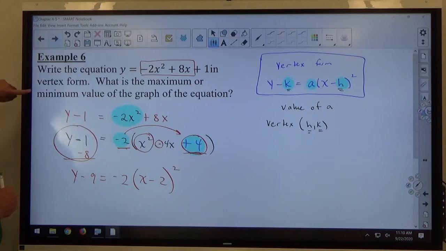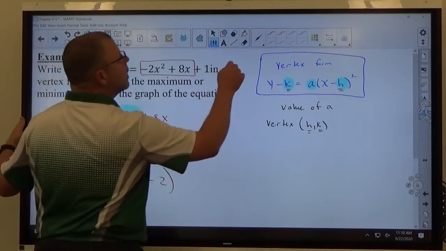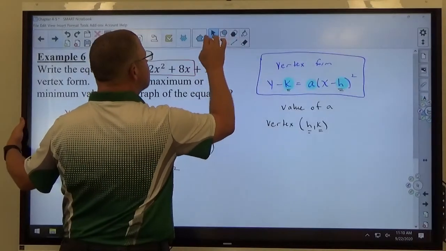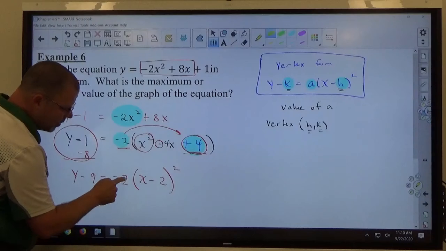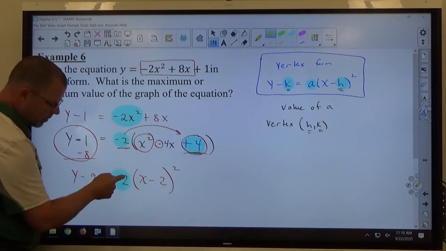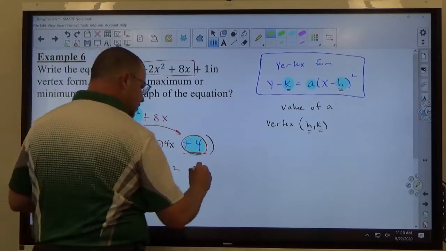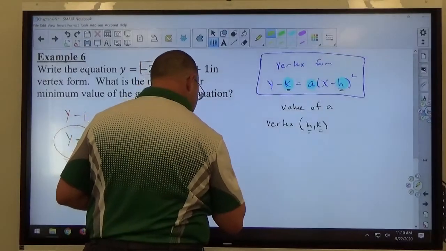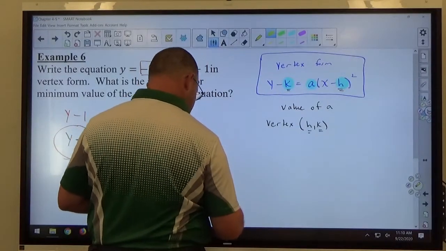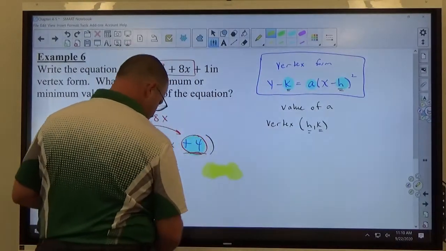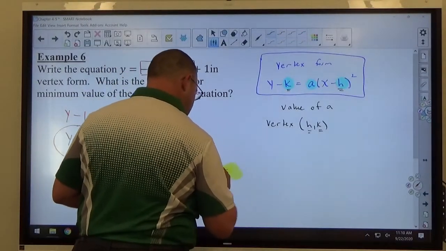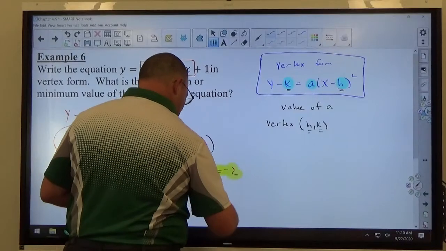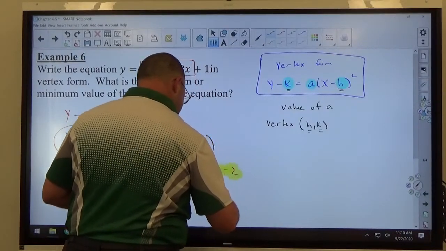It says what is the maximum or minimum value of the graph of the equation. So now, take a look at this. A is negative 2. If A is negative 2, that means the graph is going to go like that.